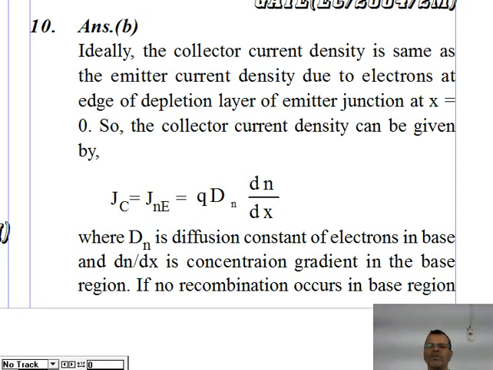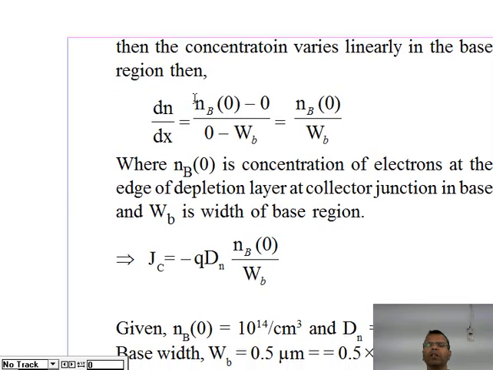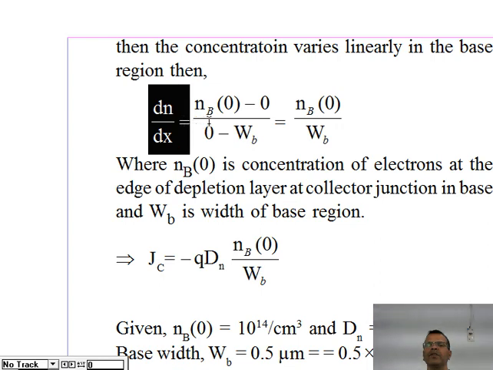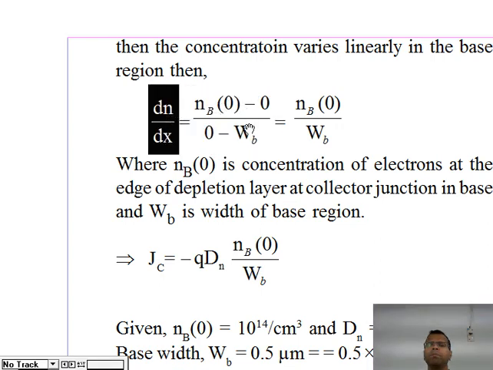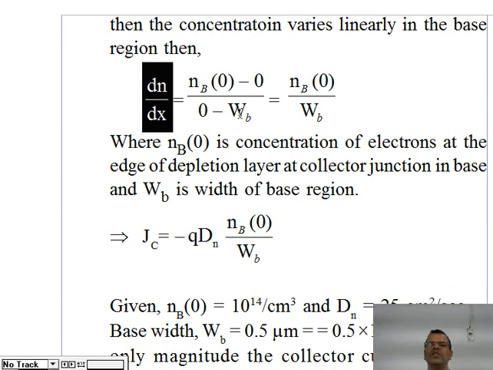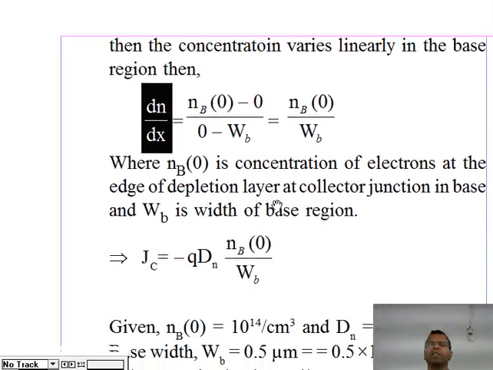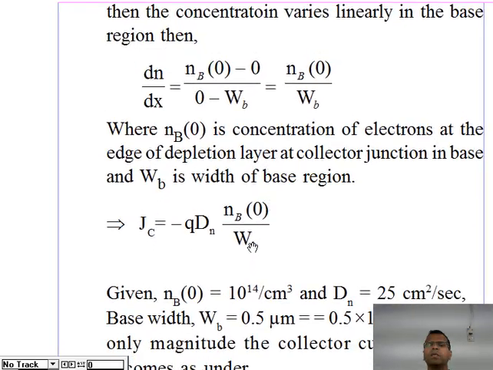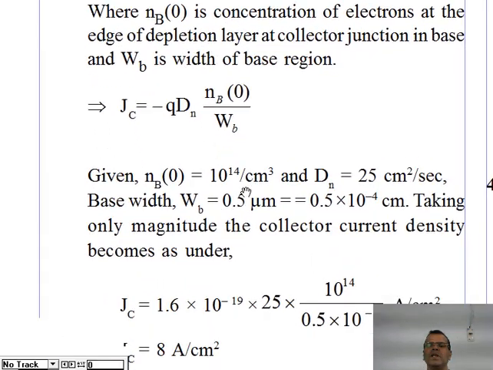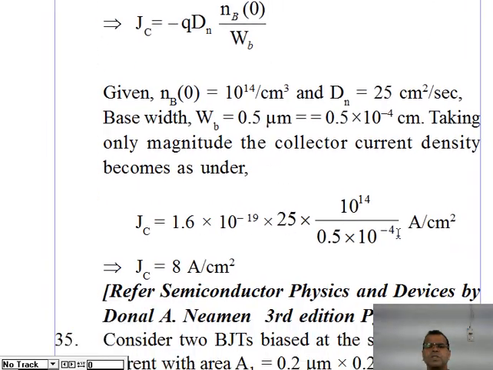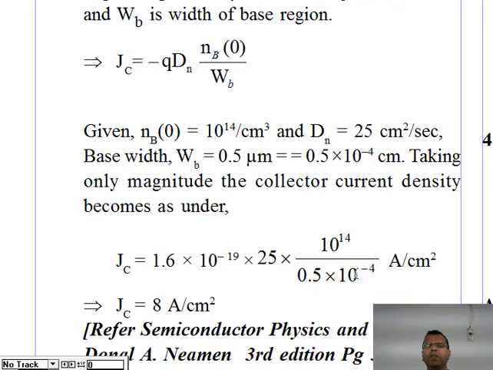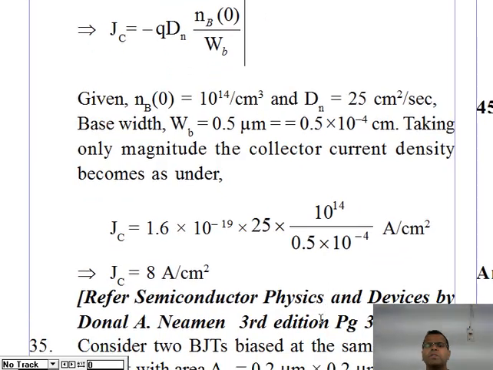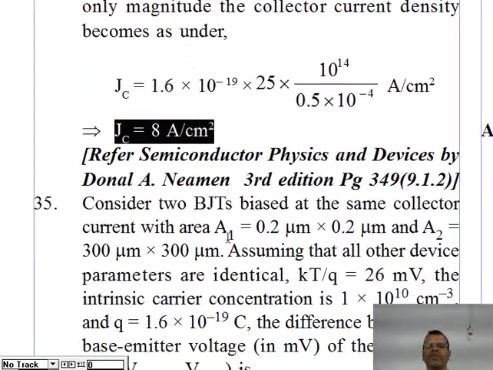We know the concentration gradient of electrons is given by Nb minus 0 by 0 minus Wb. I have already discussed this in the theoretical part, so just by putting that relationship here, I will be able to get the expression. You are given Q, Dn, and Nb0, and you are given this thing. Fine, so I will get this here.